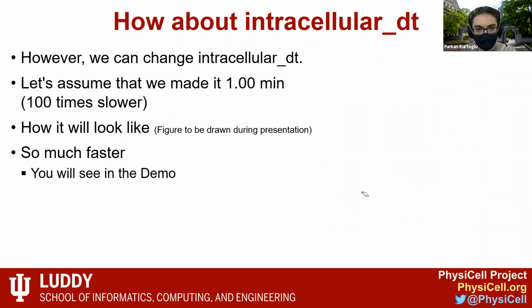Okay. So when we change the intracellular dt, which we will do in the demo, we will see a different picture. Let's assume we change the intracellular dt to 1 minute, which is 100 times slower. So how does this look? Again, we are uptaking some chemicals, but we should consume, and we are not.